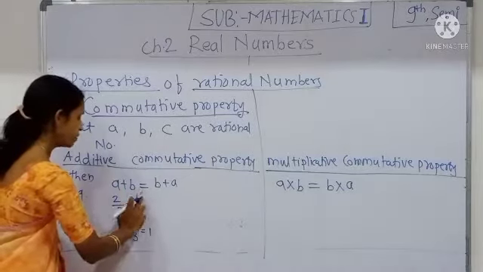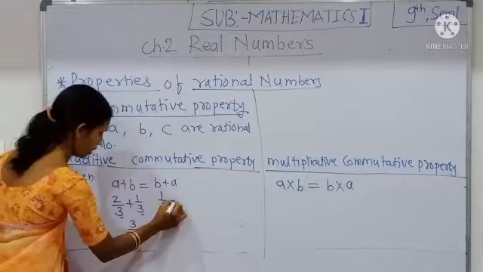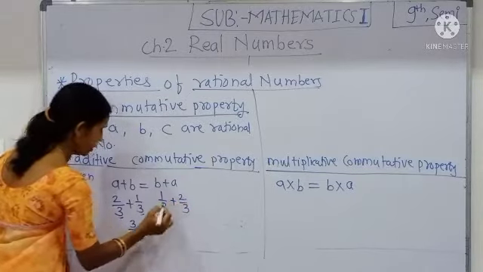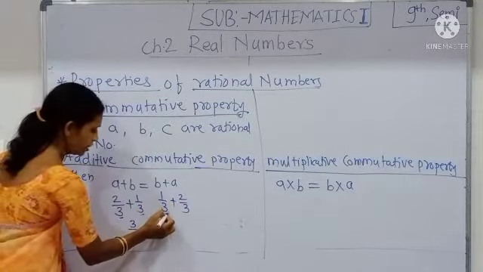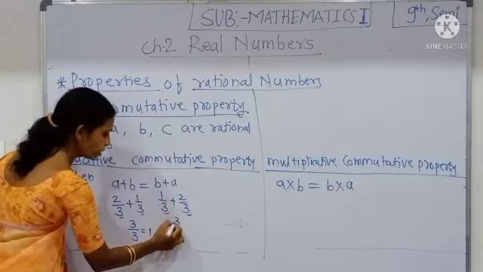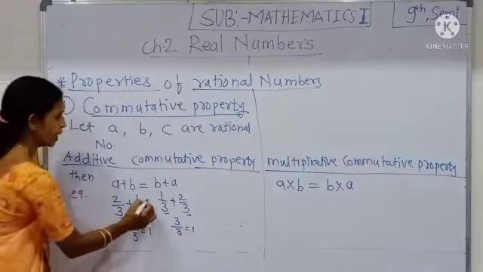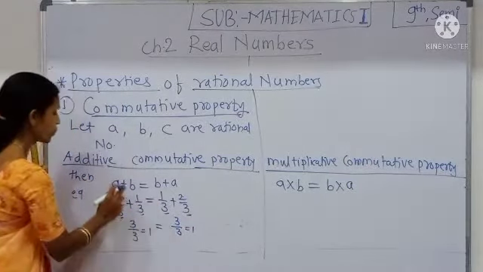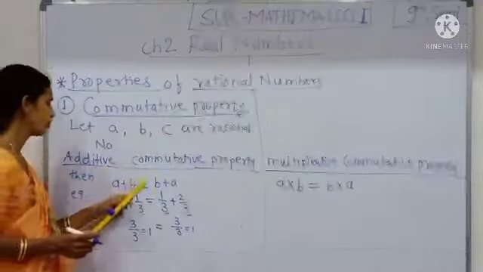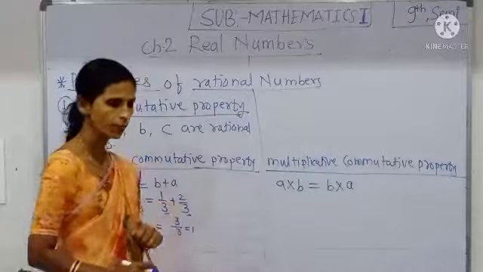Similarly, B is 1 upon 3 and A is 2 upon 3. Therefore, here 1 upon 3 plus 2 upon 3. Here also denominators are same. Therefore, 1 plus 2, that is 3 upon 3, so 1. That means here this commutative property is proved with the help of example.